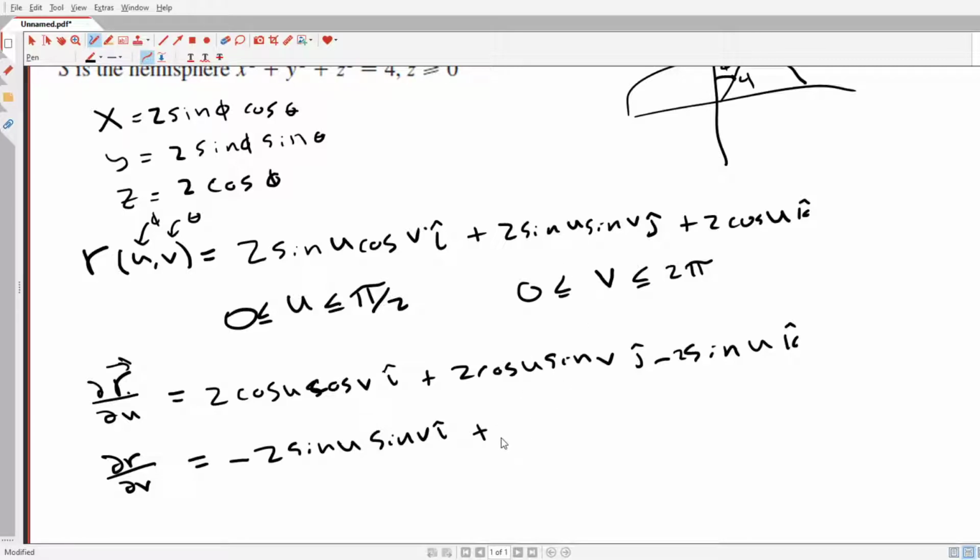Derivative of sine is cosine, so this should be plus 2 sine u cosine v j, and then the k component will just be 0, because there's no v component.